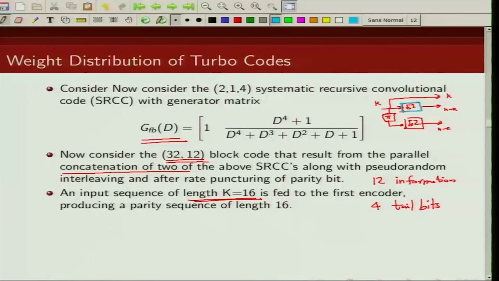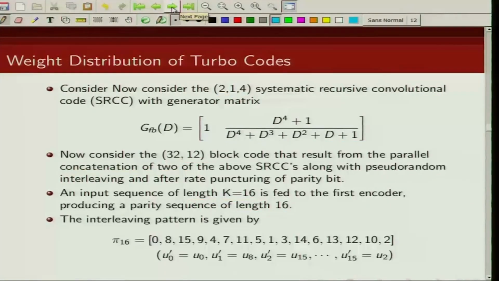Remember this is a rate 1/2 code. So if we feed an input sequence of 16 bits, the parity sequence that comes out will also have length 16, because it is a rate half code.